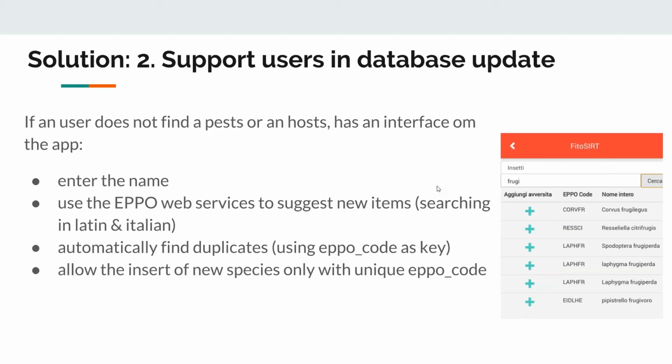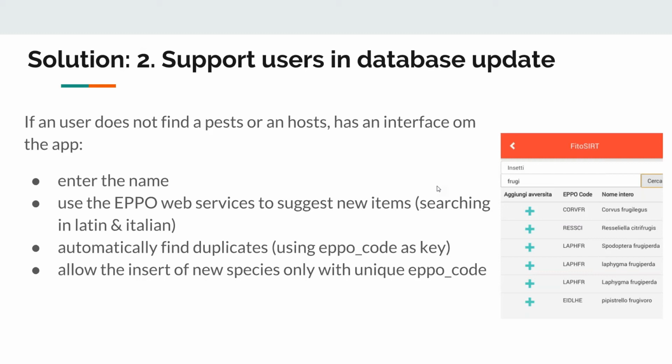And then it happens that, of course, we have not imported the whole database, because at the moment we want to keep the number of crops, hosts and pests to a minimum. So at the moment we have our own database using the EPPO code as a link to the official EPPO database. There is a mobile app that is used to make surveys, and when the user in the field is not able to find a crop, we use the web services, allowing the user to search for the crop.